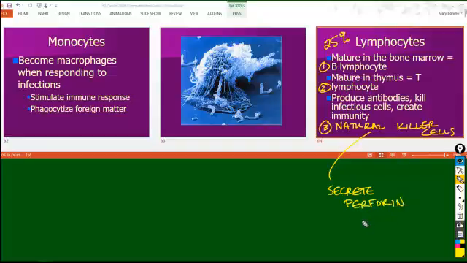And that perforin doesn't just target the infectious cells, it targets the whole area of infection. And that name perforin, I hope, makes you think of perforate, to poke holes in.